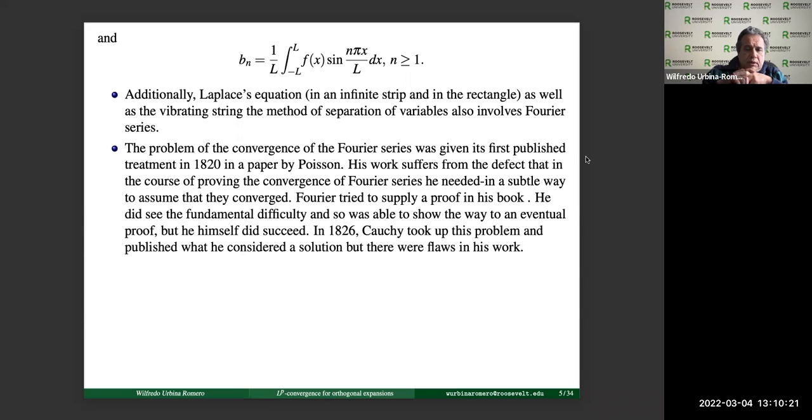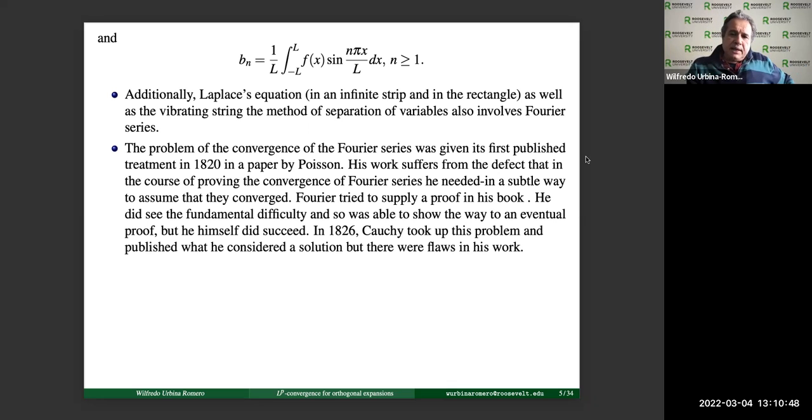And actually, Fourier introduced his paper at the Academy in 1807 and was rejected, among others, by Poisson. But Poisson got a paper about Fourier series in 1820, but the proof for the convergence was wrong.